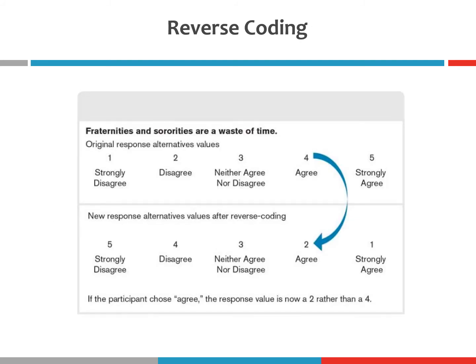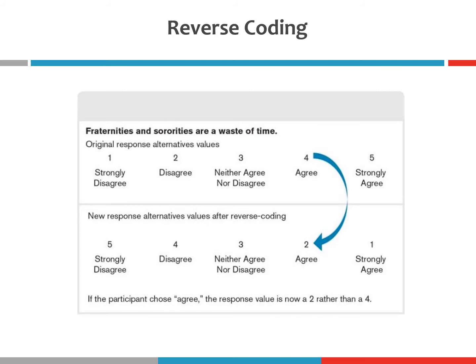Okay. So I just wanted to show you again the reverse coding. Again, "fraternities and sororities are a waste of time." In our original set of values, 1 equals strongly disagree. But if we were to do the reverse coding, now a 5 would be strongly disagree. Essentially what we're measuring with the numeric values is the degree to which our respondent possesses the trait we're measuring, or the degree to which our respondent wants to join a sorority.